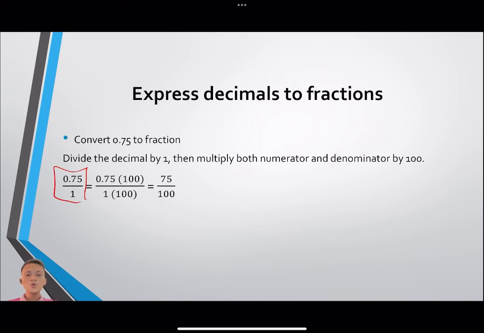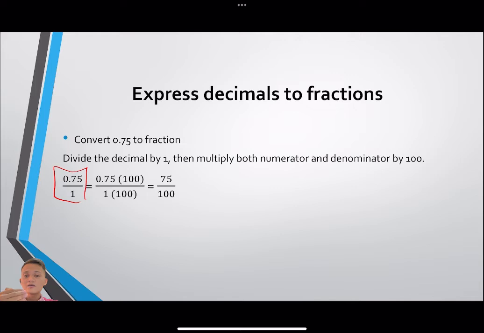And then, upang maging whole number yung 0.75, kailangan nating i-multiply siya sa 100. Kasi pag multiply natin siya sa 100, magiging 75 siya. So, 0.75 times 100 is 75. And yung denominator, i-multiply lang natin sa 100. That is 1 times 100, 100.